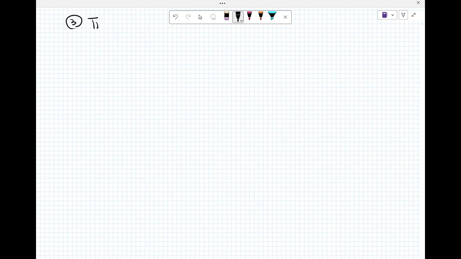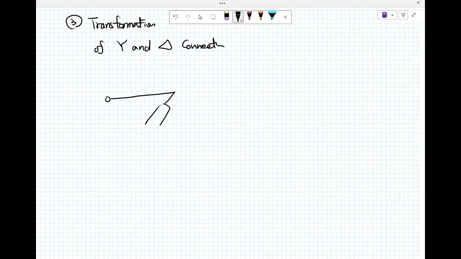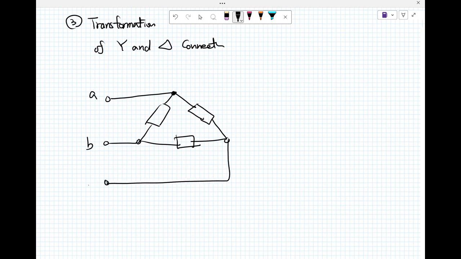And then the formation of Y and delta connections. This A, B, C here is a delta. This is a delta.